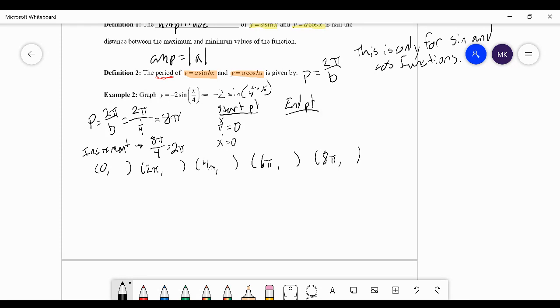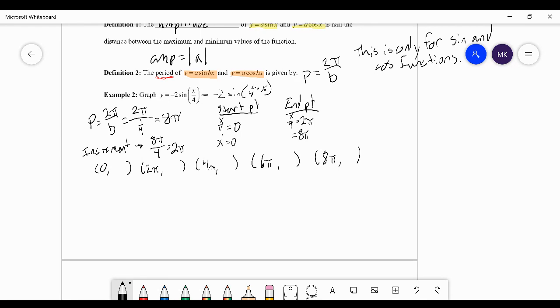I want to take our x over 4, set that equal to 2 pi, and that gives us 8 pi. And lo and behold, that's where we're starting and where we're ending. That will give us a graph of one period of this function.